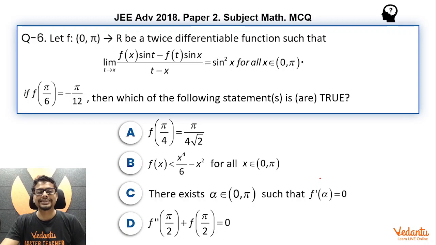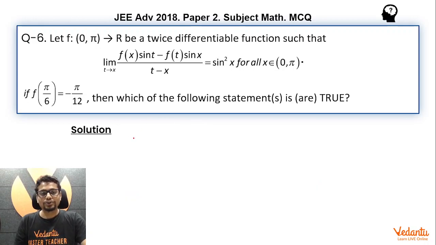Now clearly, the first thing that we would be attacking is to find the function f of x. And it's also quite obvious that here as t tends to x, numerator tends to 0, so does denominator. So we'd be using L'Hopital. So using L'Hopital, we get limit t tending to x. Mind it, we are differentiating numerator and denominator with respect to t.